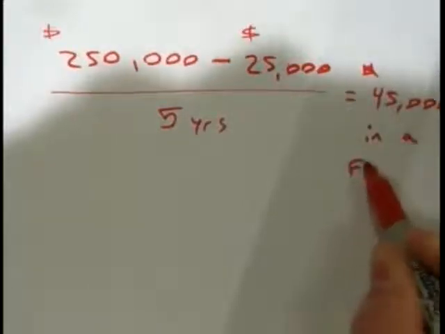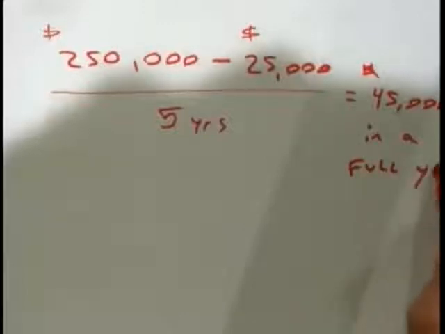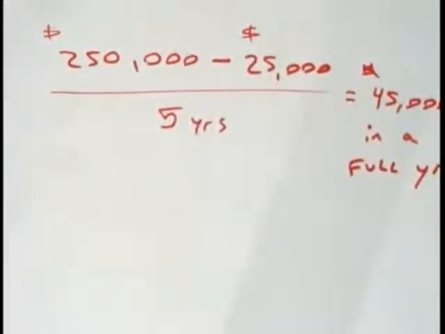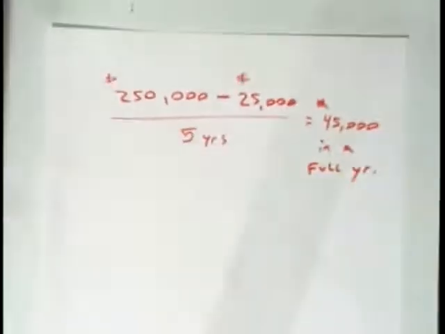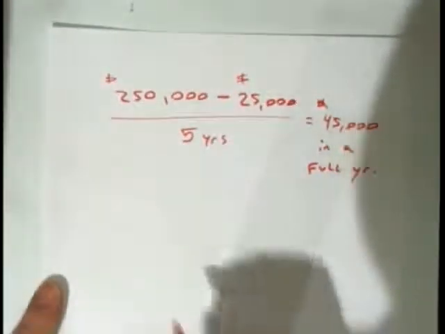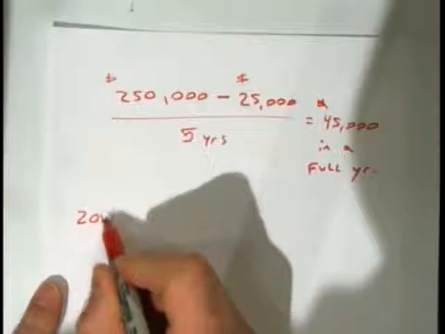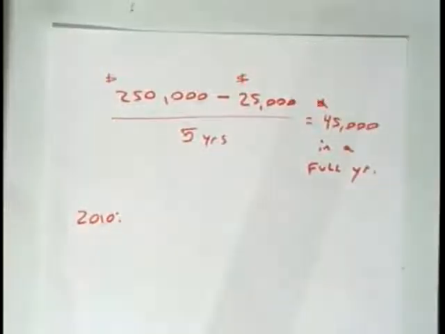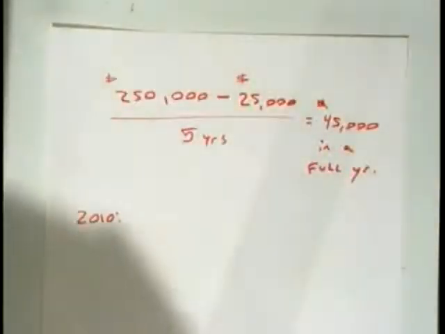In a full year. Okay? Now, in 2010, we don't have a full year, though, do we? How much of that year is this thing in operation? 9 months, because we bought it on what? April 1st.